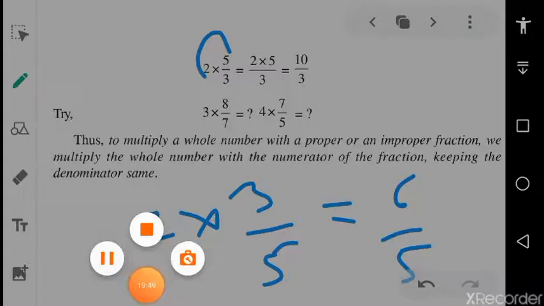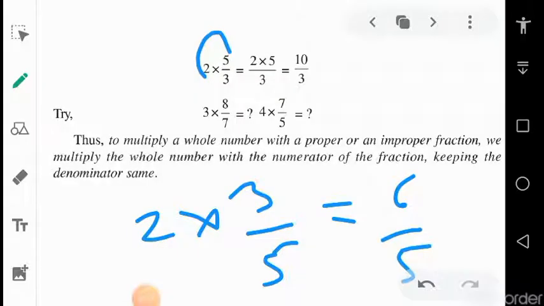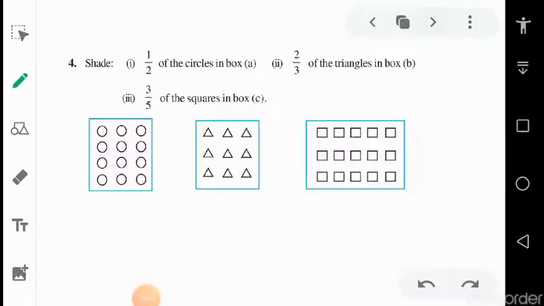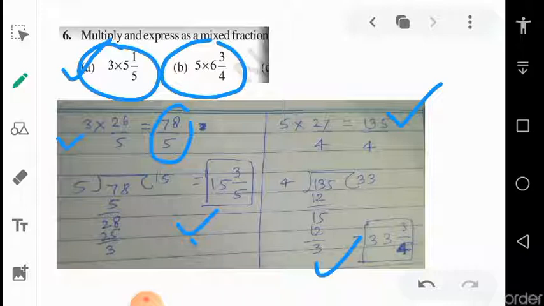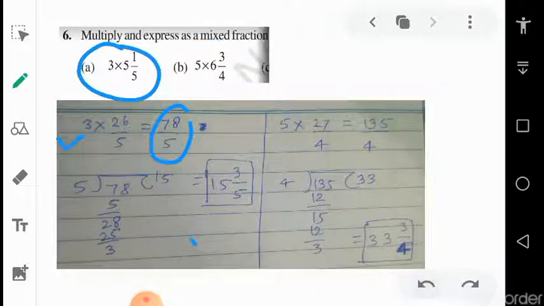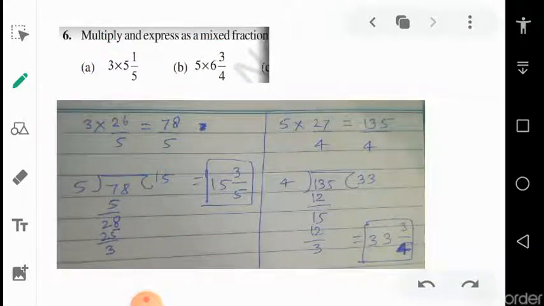And when you multiply a whole number with a mixed fraction, like in the next slide, the mixed fraction can be converted into an improper fraction. Then follow the same method: 5 and 1 upon 5 is converted to 26 upon 5.